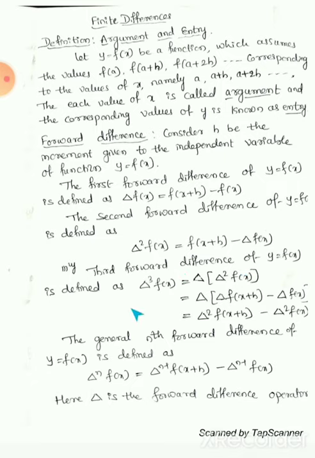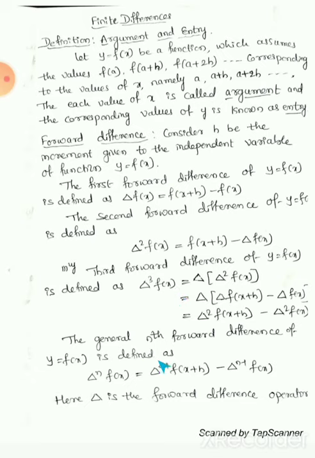Similarly, the third forward difference, del cube f of x is equal to del of del square f of x. Filling in the value of del square f of x, this is del square f of x plus h minus del square f of x. These are the first, second and third forward differences of your function y is equal to f of x.